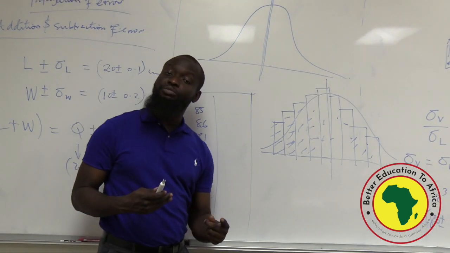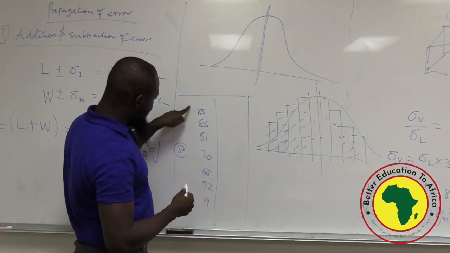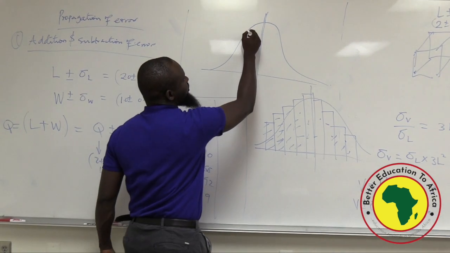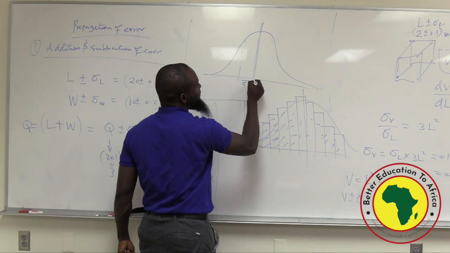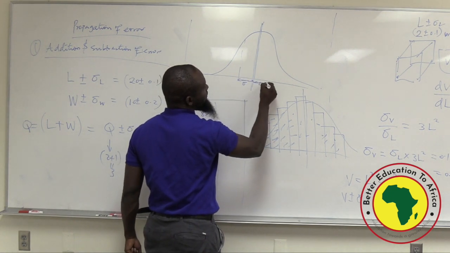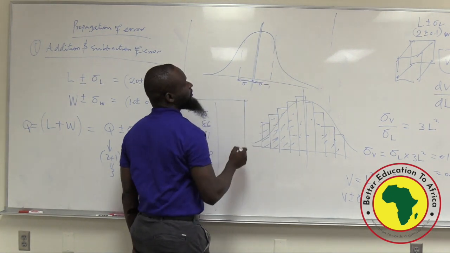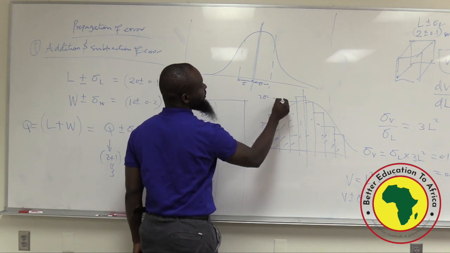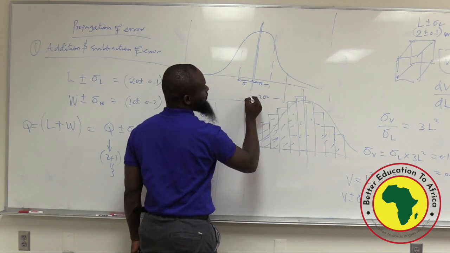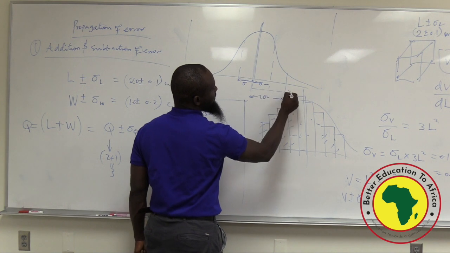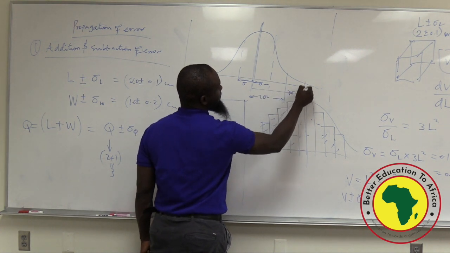Another way to check for a normal distribution is that you compute your standard deviation, sigma. Then you're going to have 2 standard deviations, 2 sigma, and you can have 3 standard deviations, 3 sigma.